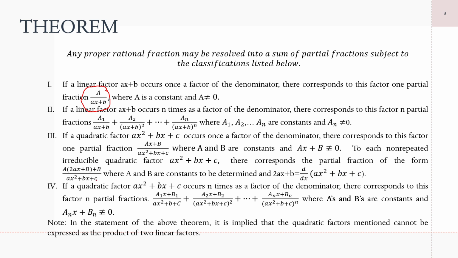And the last case is if a quadratic factor ax squared plus bx plus c occurs n times as a factor of the denominator, there correspond partial fractions: a1x plus b1 over ax squared plus bx plus c, and so on, where the a's and b's are constants, and the last one is not equal to 0.